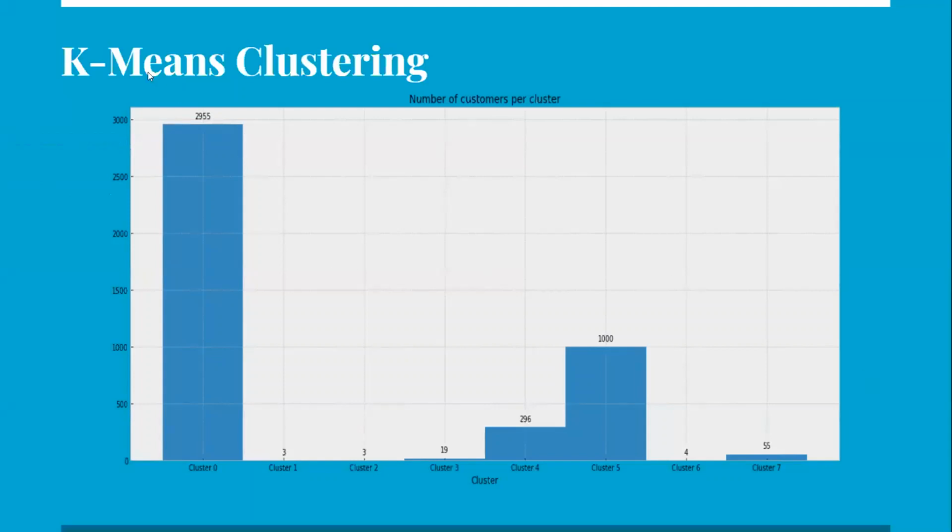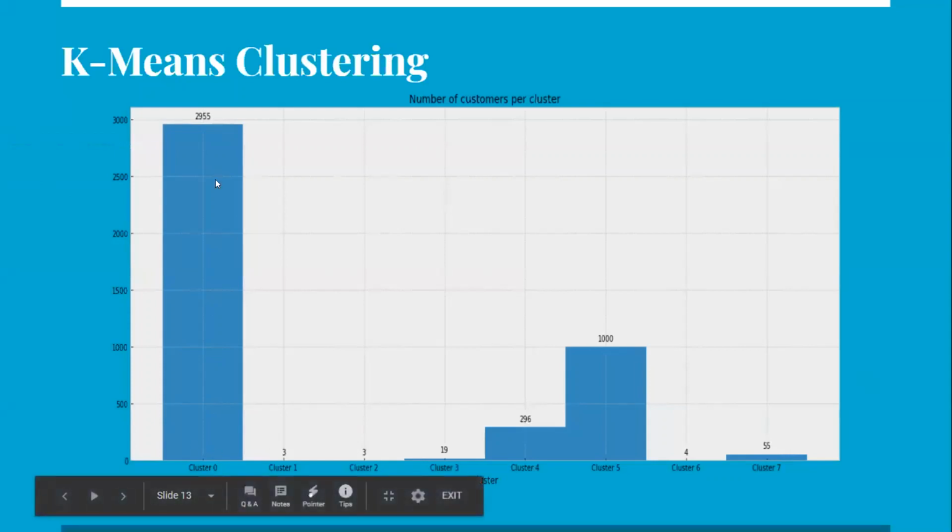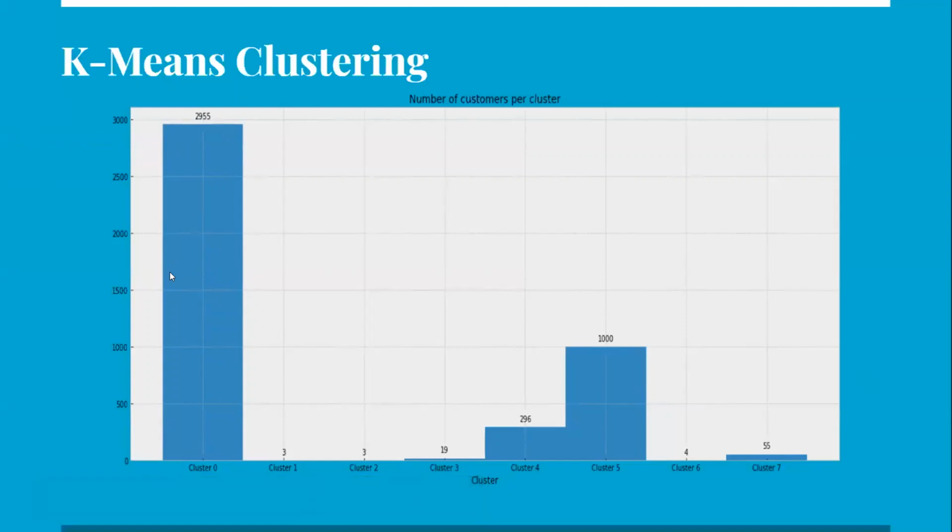With K-means clustering, we're able to find the number of customers per cluster. With that, we're able to know which customers are more valuable and how the e-commerce store will target their promotion and marketing strategy.